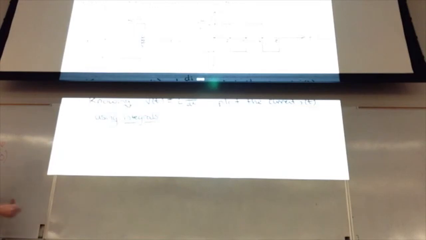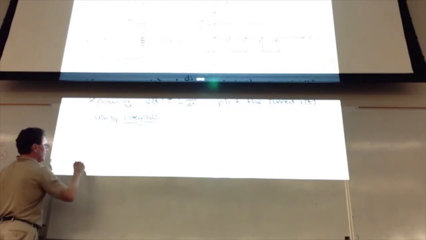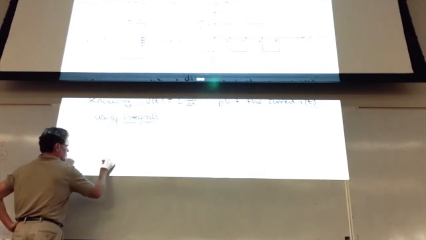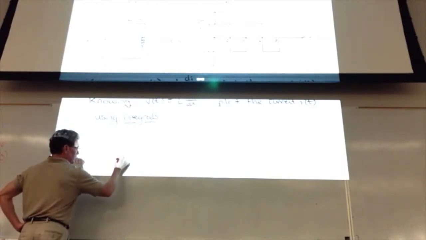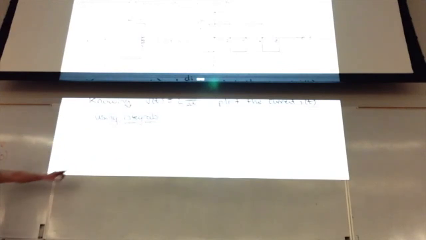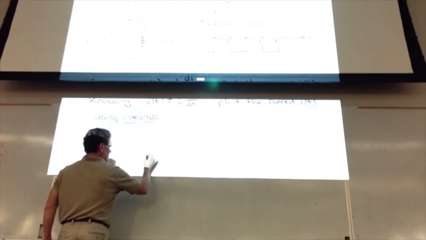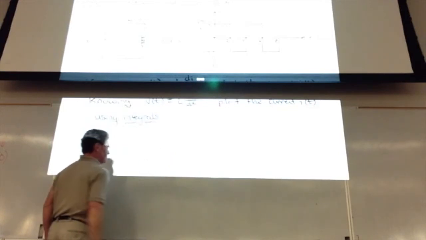Now 1 over 500 times 10 to the minus 3 comes out to be 2. So I multiply that by the 9, and then I have the integral from 0 to t of dt. 2 times 9 gives me 18. The integral ends up being t, and we evaluate it between 0 and t.